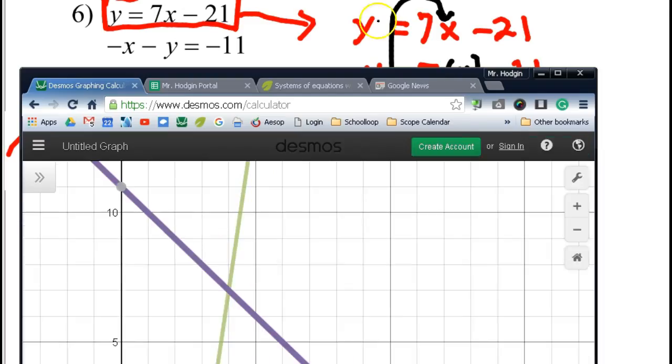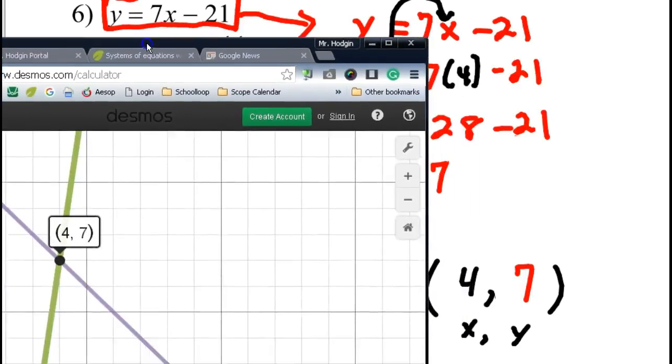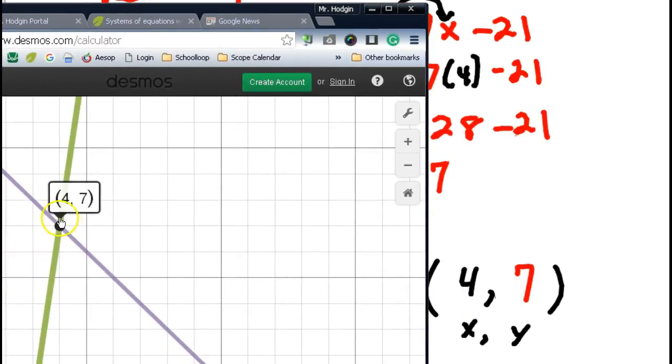No surprise, our answer that we got, 4, 7 right there, that's where they intersect. So remember, all these we could have done last week by graphing. We're just doing a different method this week, but it's the same problems that you've been doing. So we can always check it just by where they intersect.